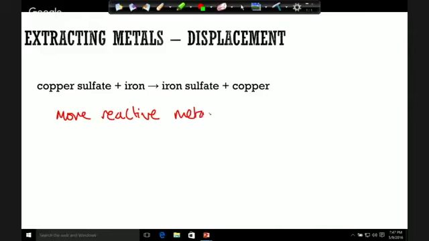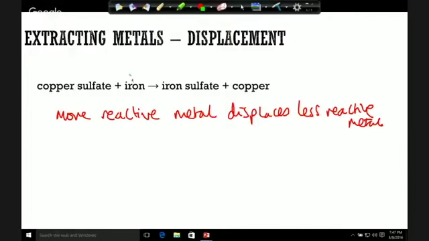A more reactive metal displaces the less reactive metal. So, for example, in this case, iron is more reactive than copper. So iron will react and it will take away the sulfate and leave you with the copper. So you'd end up with iron sulfate plus copper.